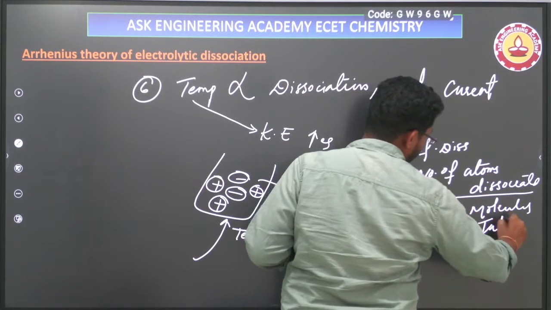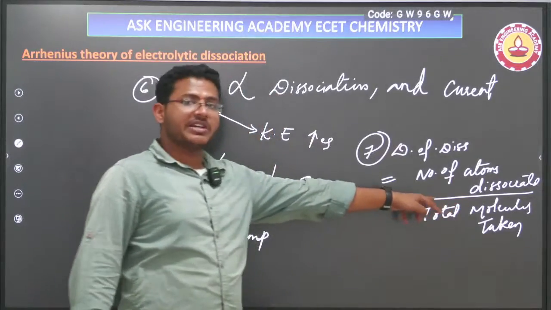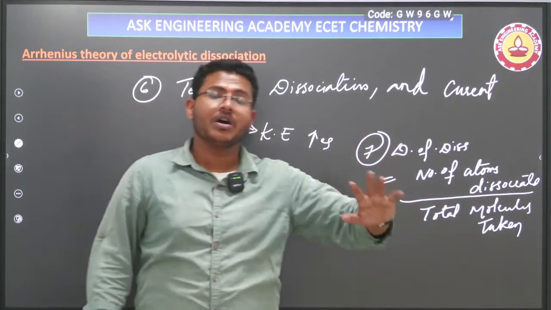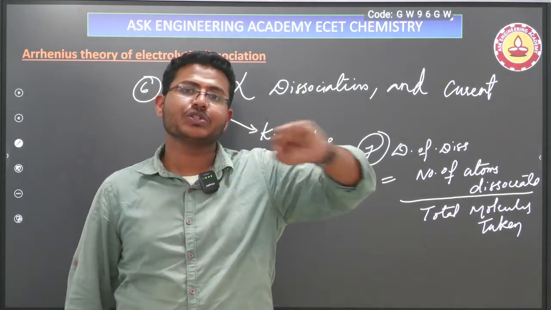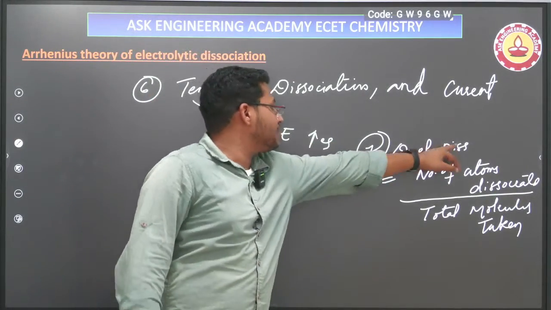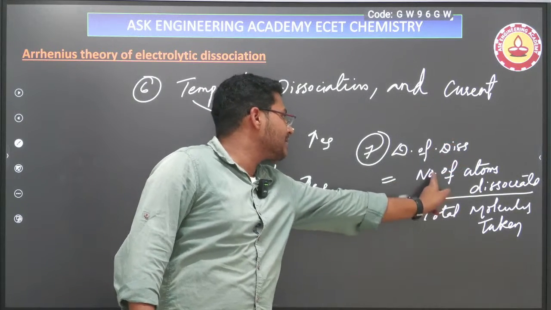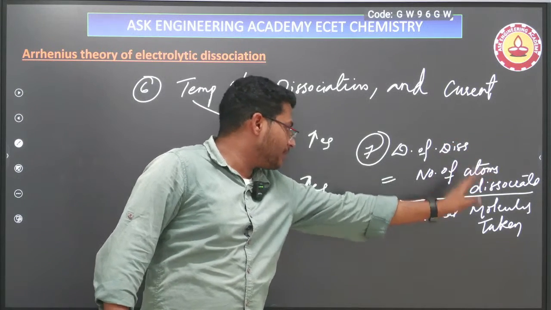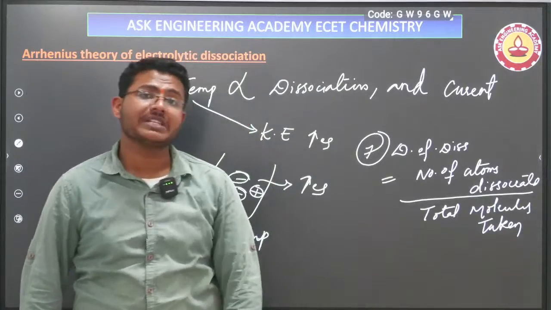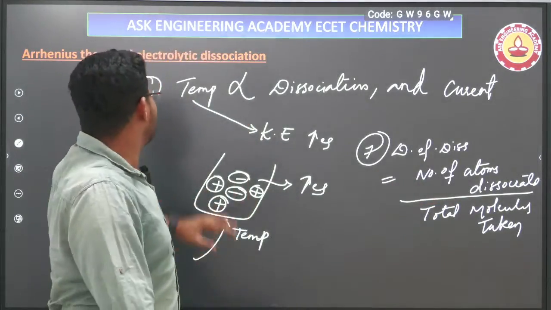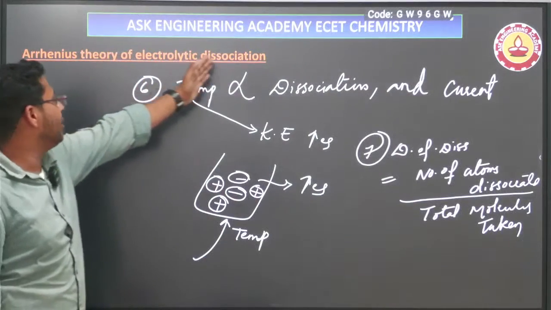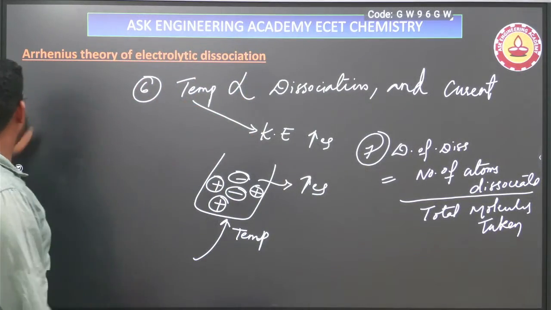This is a formula generally used to observe how fast or how much the ions are getting dissociated. By using this formula, we can calculate the degree of dissociation. This is all about the Arrhenius theory of electrolytic dissociation, all these postulates.